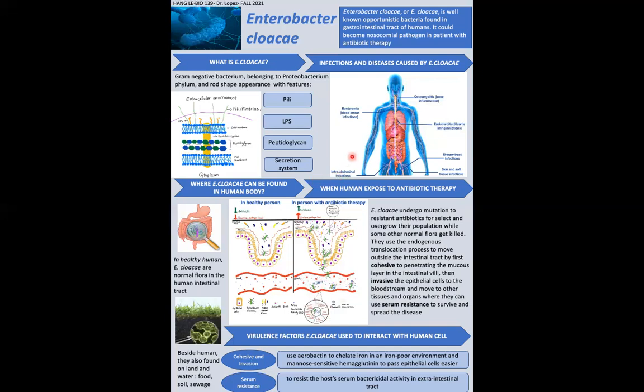So the infection and disease caused by Enterobacter cloacae occurs when they move from the intestinal tract into the bloodstream, which is called bacteremia, a bloodstream infection. It's also called intra-abdominal infection in here. When they move out here, they cause skin and soft tissue infection, and also urinary tract infection.